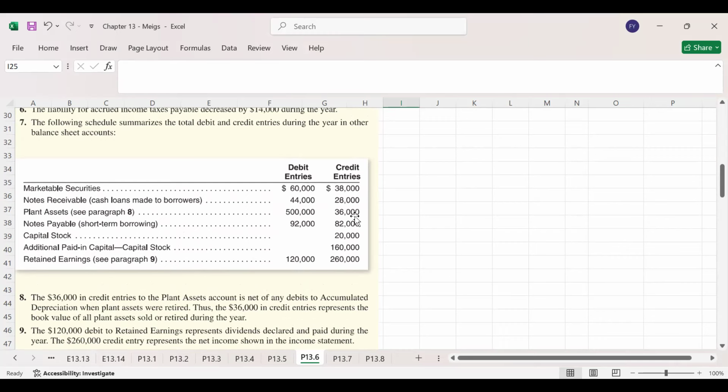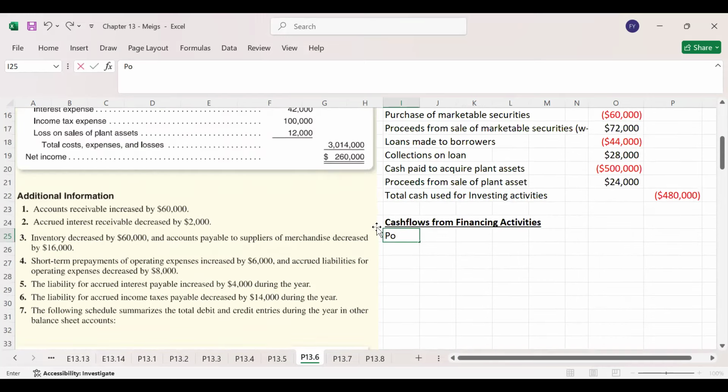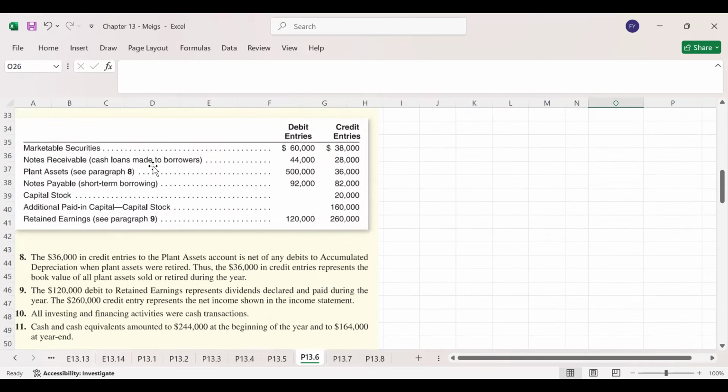By crediting notes payable, it means that we got cash against it. So this is proceeds from short term borrowing, which you can see is $82,000. This is going to be a positive amount. And then again, on the payment side, you can see here we have notes payable on the debit side.